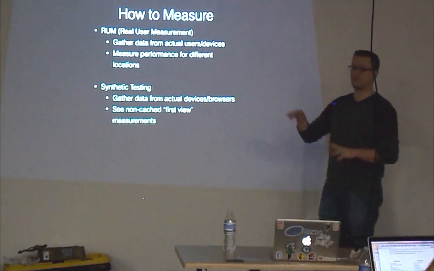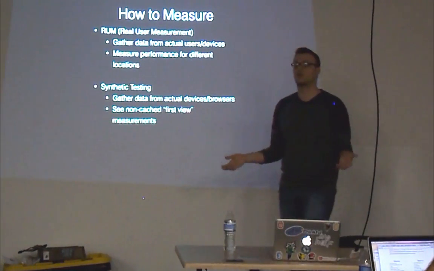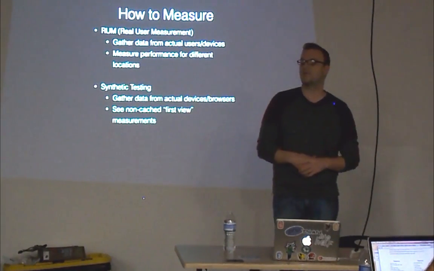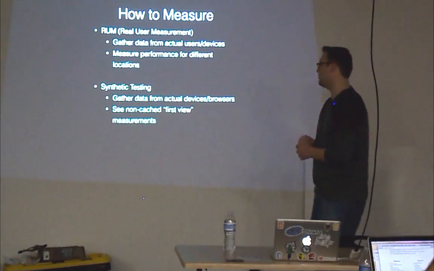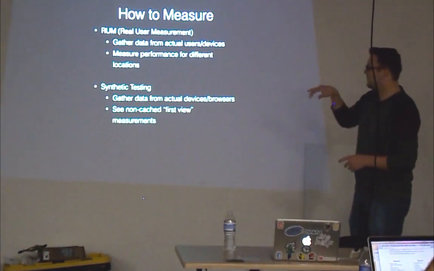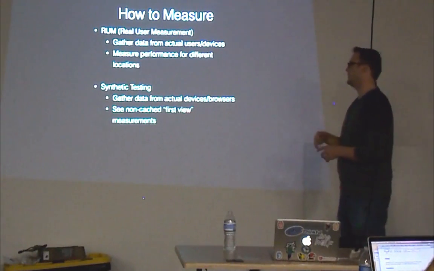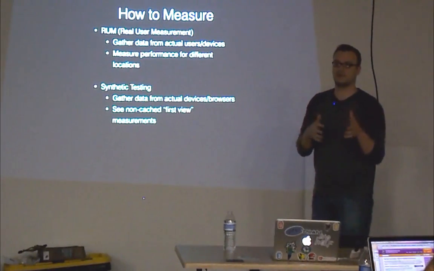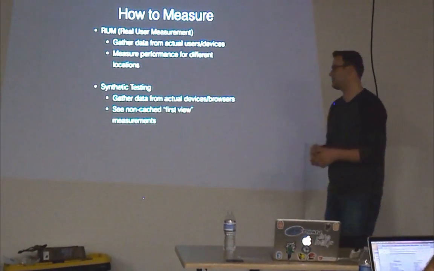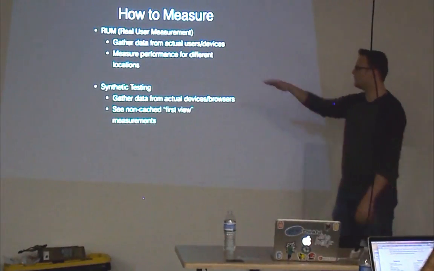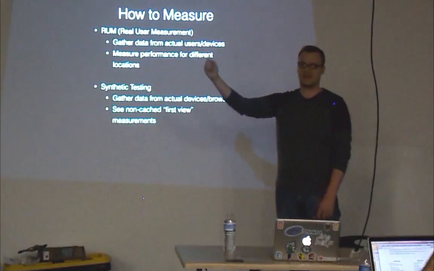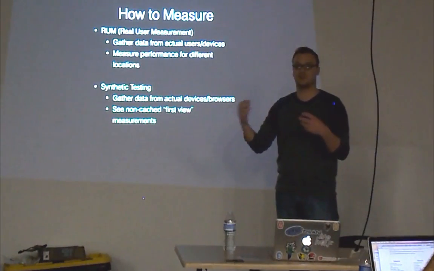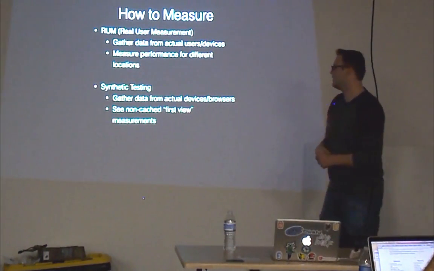This will measure performance from different locations, so you can really get a good idea of where your users are from, how fast it's taking them to load the page. Then synthetic testing is gathering data from actual devices and browsers, but not necessarily actual users. You can, again, load it from different locations. If you have a computer in Egypt, you could have it test your site from Egypt and then get that information.